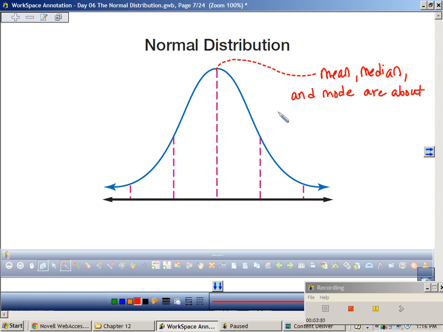And I know I already said that, but we're going to put more on this. The maximum is always the mean.